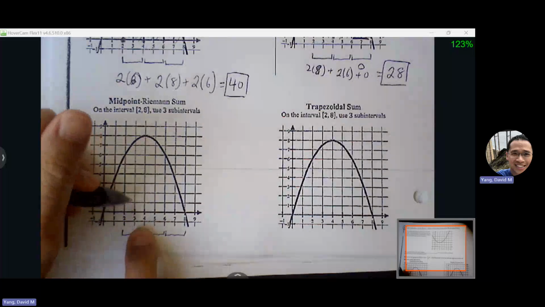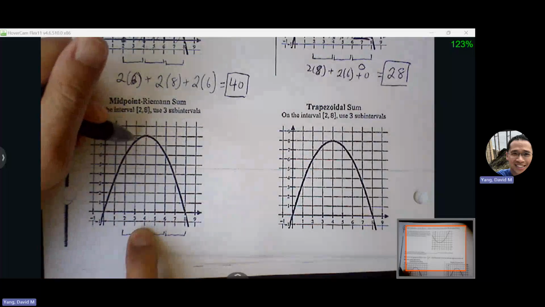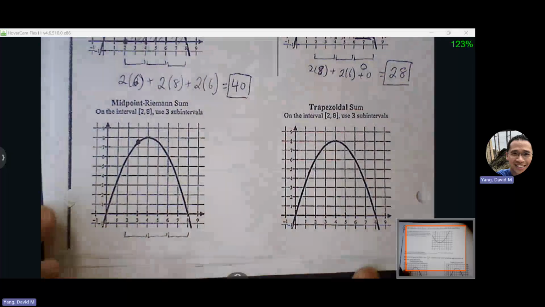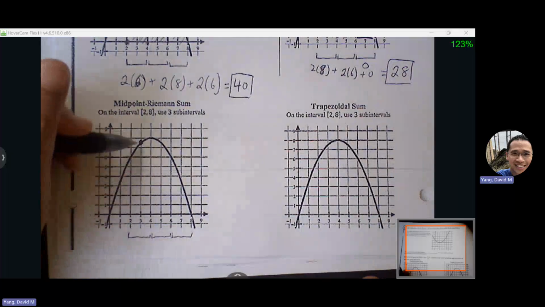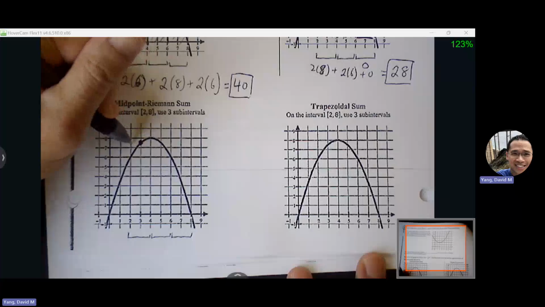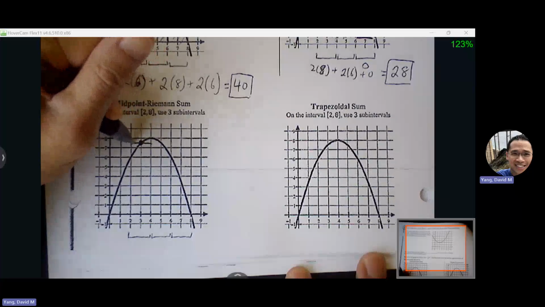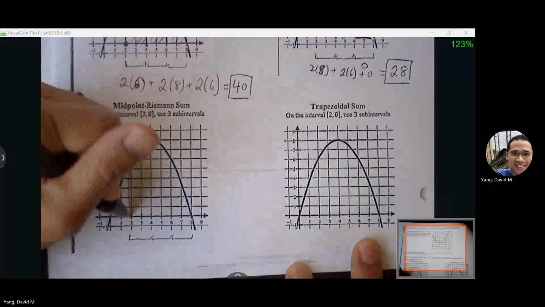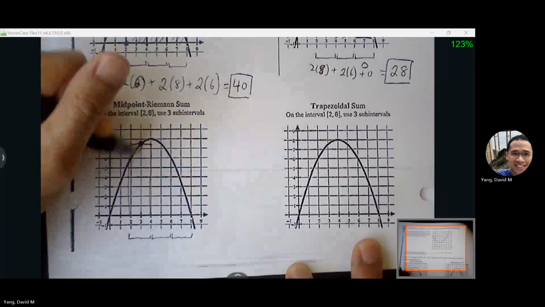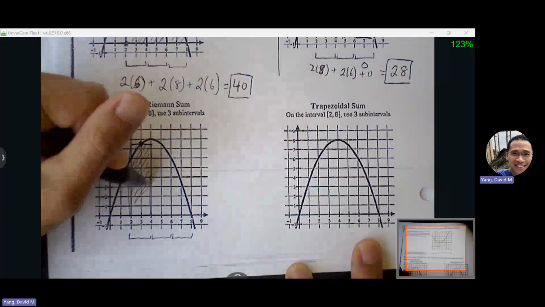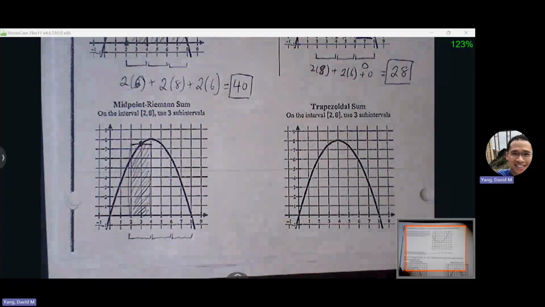So you're going to find where the graph is at 3, and let that represent the height of the full interval. Wherever the graph touches at the midpoint is the height of your rectangle.